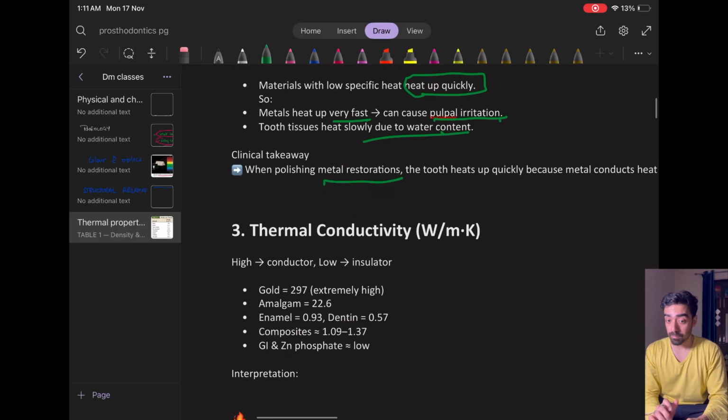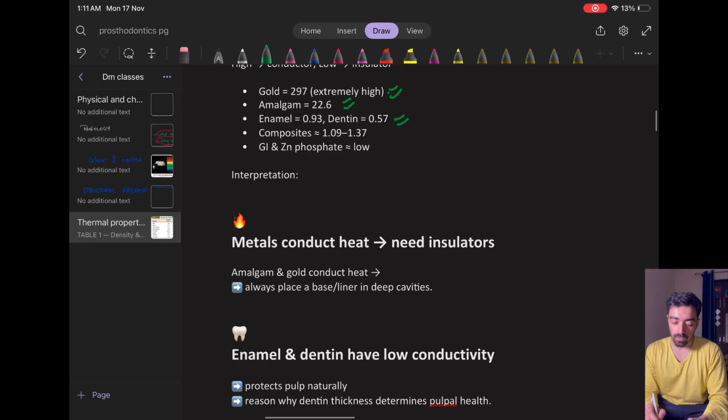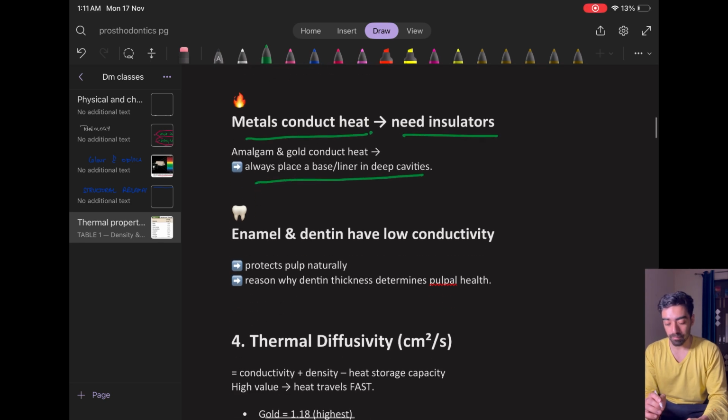Now coming on to thermal conductivity. Gold has an extremely high thermal conductivity, 297. Amalgam is 22.6, enamel is 0.93, dentine 0.57. Learning the numerical data is not the point here. Understanding it is the point. Metals, because they conduct heat, need insulators. Amalgam and gold conduct heat, so always place a base or liner in the deep cavities.